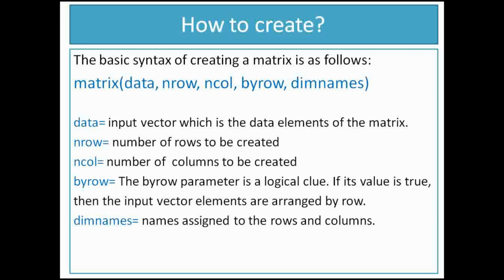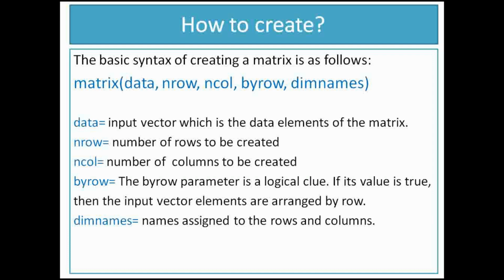So the matrix is created using the matrix function, where I will now describe all the parameters of the matrix function. The first one, data, takes the input vector, which is the data elements of the matrix. nrow is the number of rows to be created. ncol is the number of columns to be created.